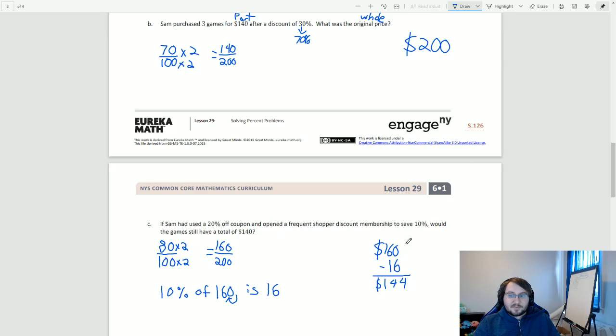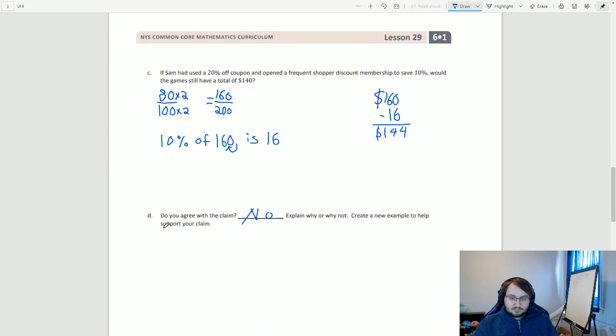It's off of my new price. So I took my 20% off, and then my 10% wasn't off of the original price. It was off of my new price.